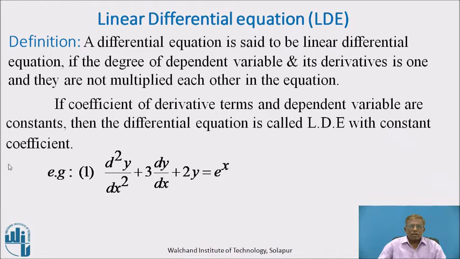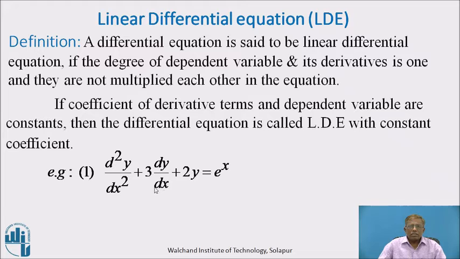Let us consider example 1. The differential equation d square y by dx square plus 3 into dy by dx plus 2 into y equal to e raised to x. In this differential equation, y is the dependent and x is the independent variable. Here the degree of y and its derivatives dy by dx and d square y by dx square is 1 and they are not multiplied with each other in the equation.